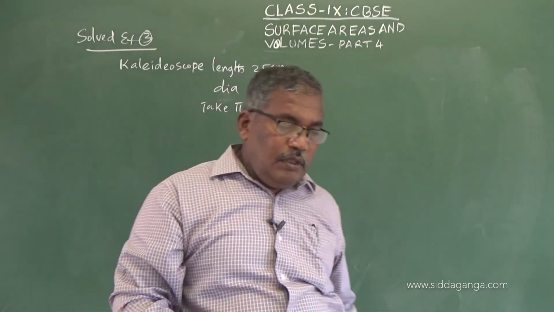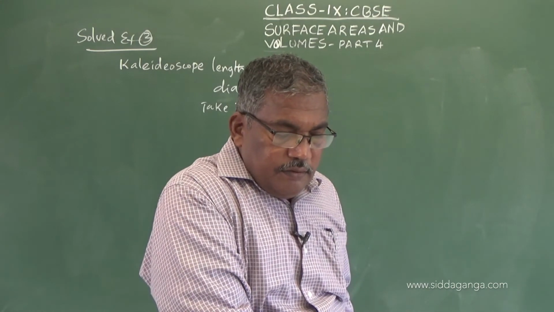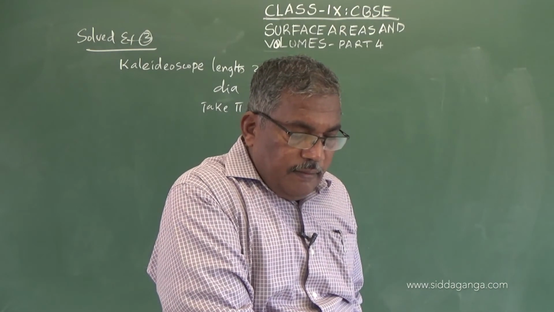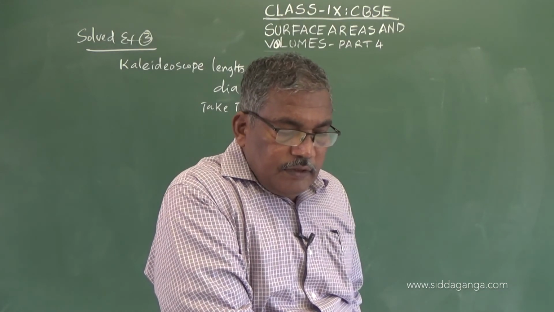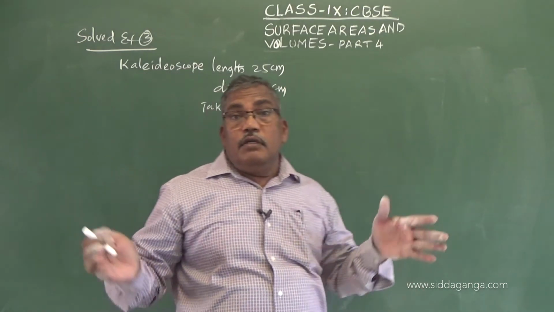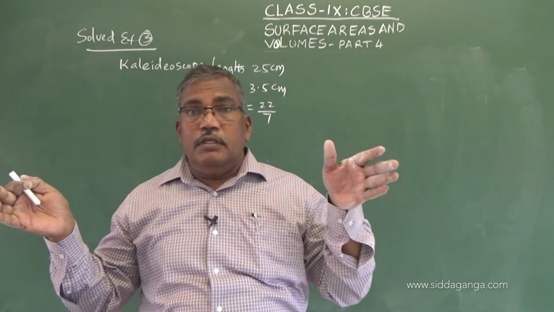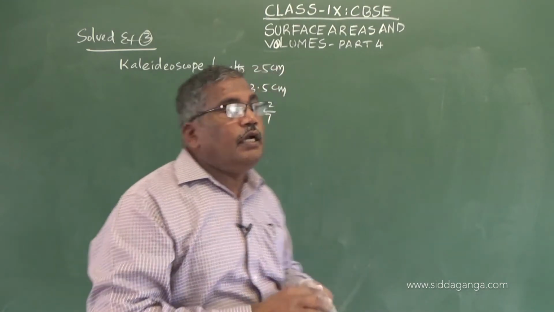So now, the kaleidoscope will have both ends open. That means we only have to calculate the curved surface area.